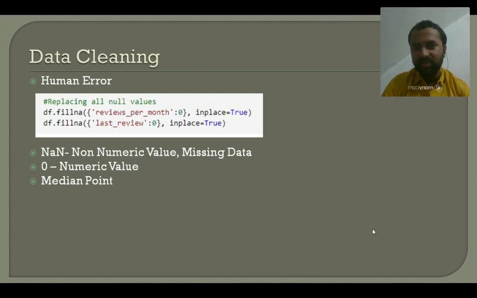Now a hotel which is worth only $50, and by our mistake the customer has to pay $150 to that owner, it will be a loss to the customer, and a bad impact for the company also. Next, suppose a hotel which is worth $250, and by our mistake the customer is paying 150, it will be a loss for the company. So that's why I replaced all the NaN values with zero.